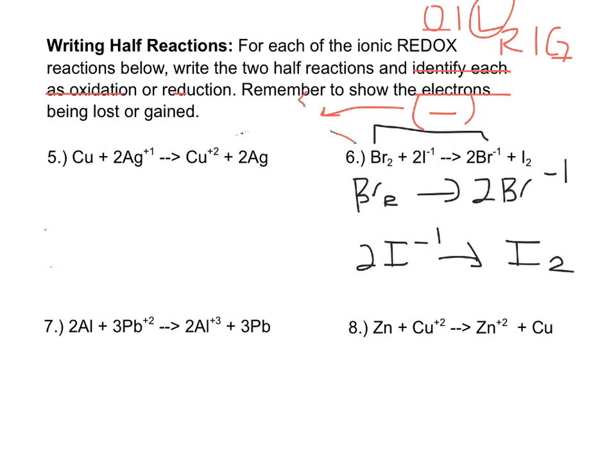Bromine started at 0, went down to negative 1. So we saw a reduction in its charge. Iodine went from negative 1 up to 0, so we saw an oxidation. Then we got to plug in the electrons. So we know reduction is the gain of electrons. And we just have to figure out how many electrons we are adding on this left side.